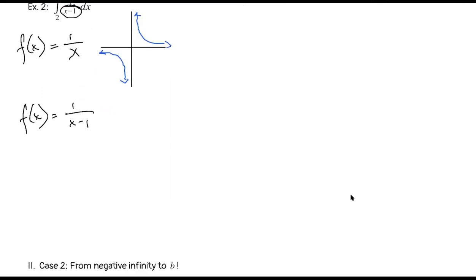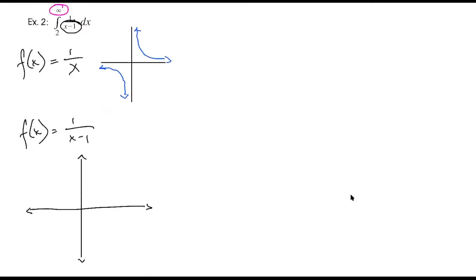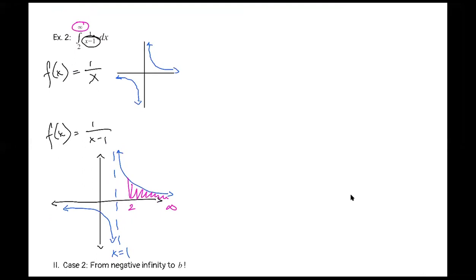If we draw a larger picture of what that looks like, we have a vertical asymptote at x equals 1, a branch over here and a branch over here. Then we are starting at 2, just like last time, and going until infinity. That's what that question is asking us to do.